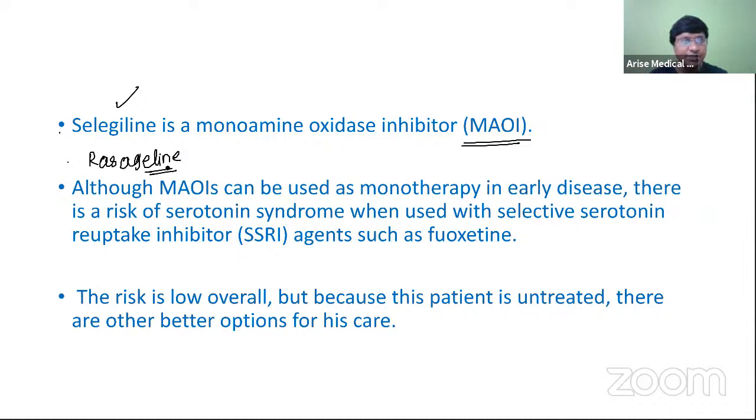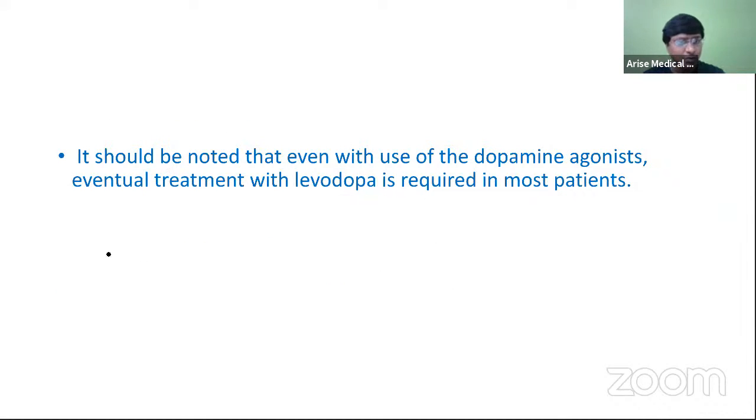Okay, now I will ask you one important question. What are the examples of COMT inhibitors that are given in the treatment of Parkinsonism? Any one of you, please. Who will be the first person to answer?